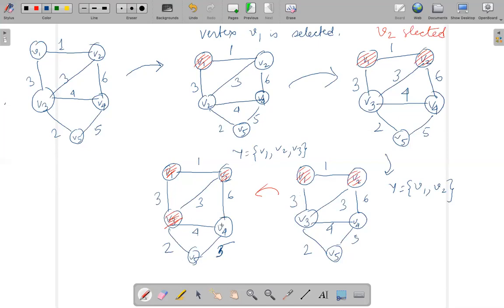So for V3 we have 2 options, V4 and V5. Out of this we will choose V5 because that is nearest, has a minimum weight.